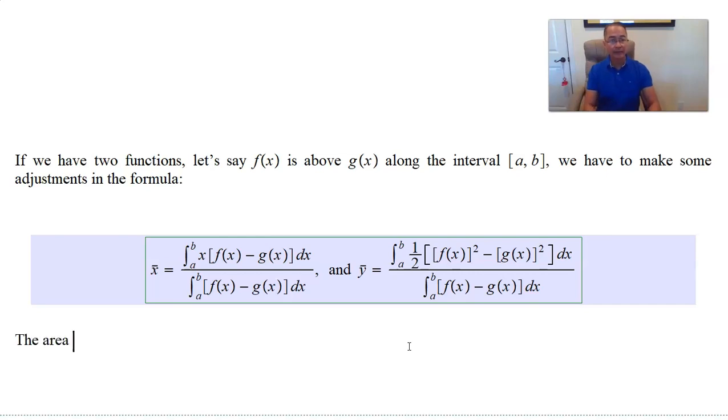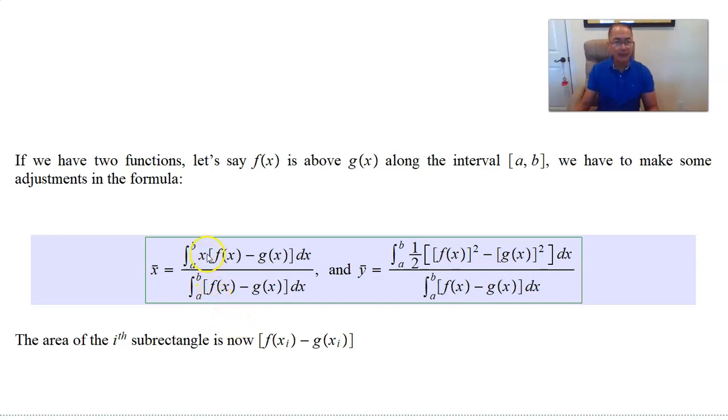So the area of the ith subrectangle is now f of xi minus g of xi. Okay?